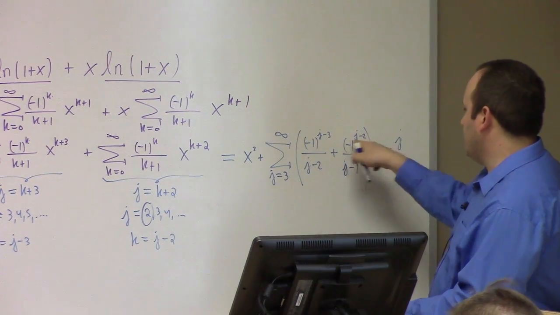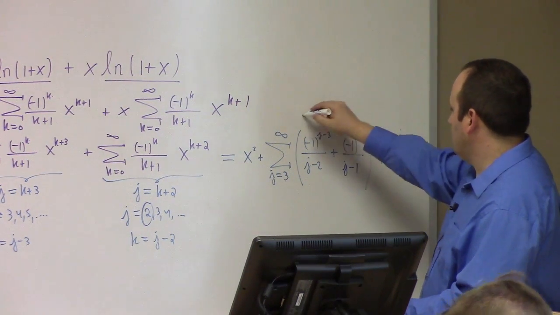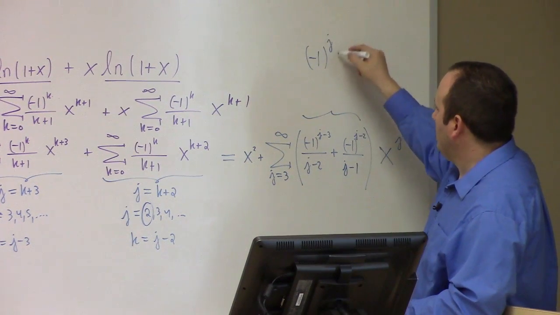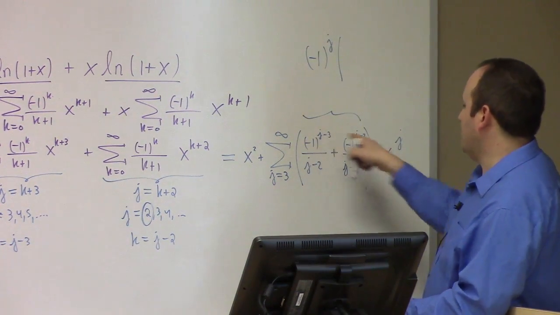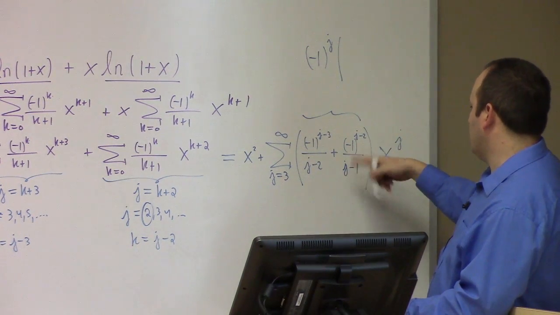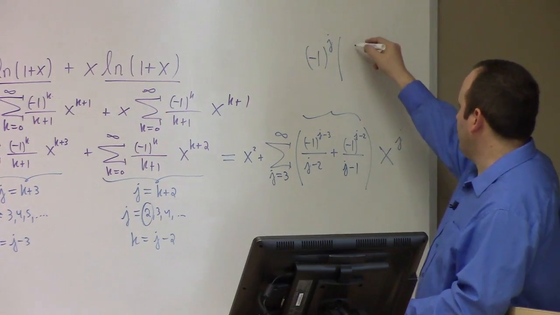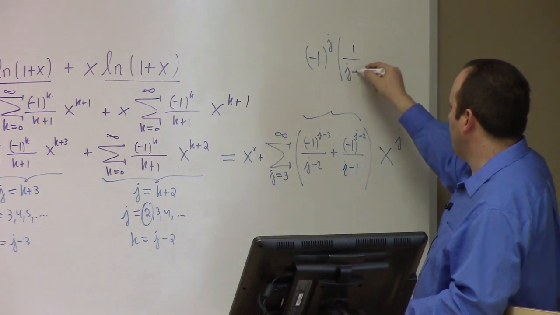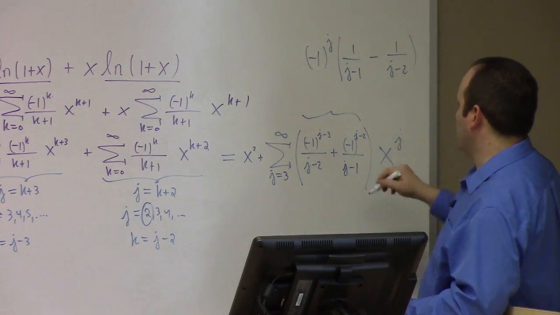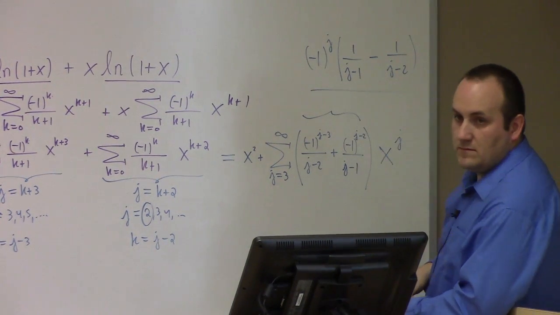Now this we could simplify, right? This we could rewrite as minus 1 to the j, right? That there's a common thing there. And then we just have, that would be a square. So I could write that as 1 over j minus 1 minus 1 over j minus 2. That coefficient can be simplified like that.